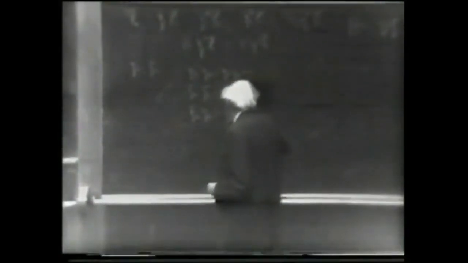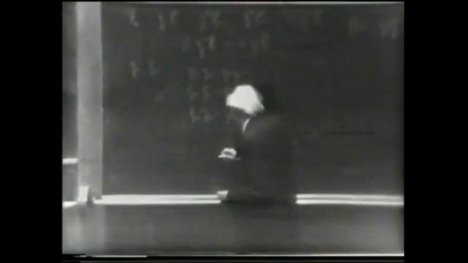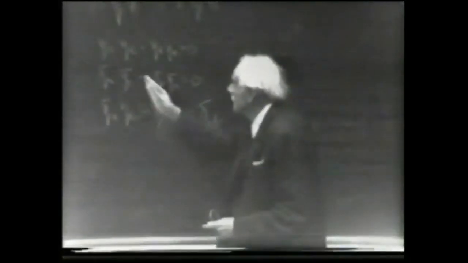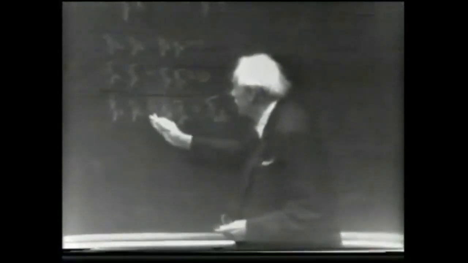Eta A bar, eta B minus eta B, eta A bar is equal to 0 when A and B are different, and is equal to 1 when A and B are the same. So we put here the Kronecker delta AB. When we're dealing with the electromagnetic field, or with any assembly of bosons, we need, for the description of the system in quantum mechanics, these variables eta and eta bar satisfying these commutation relations.